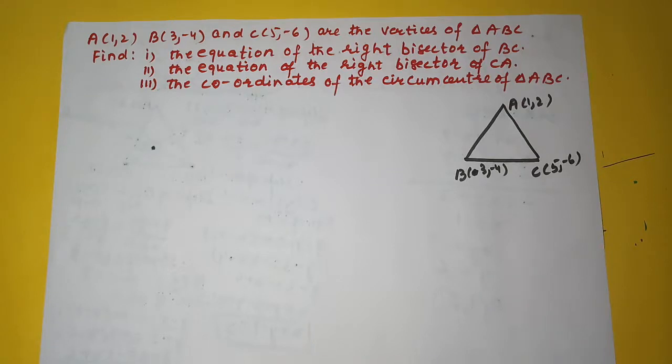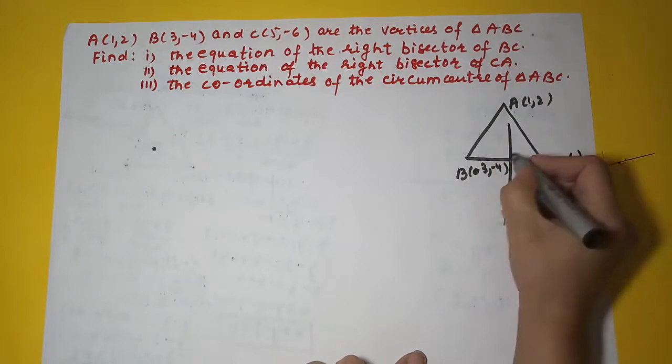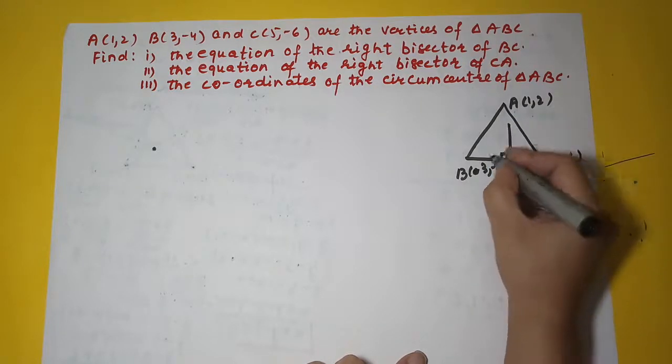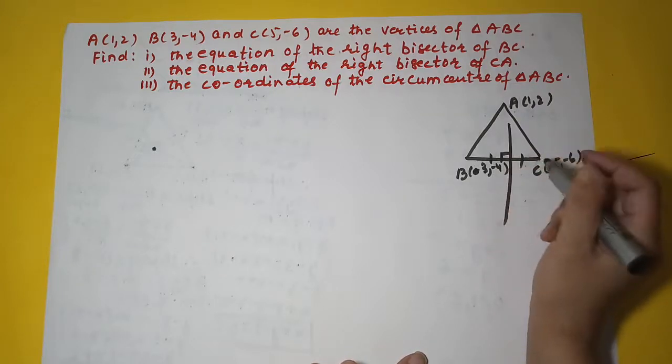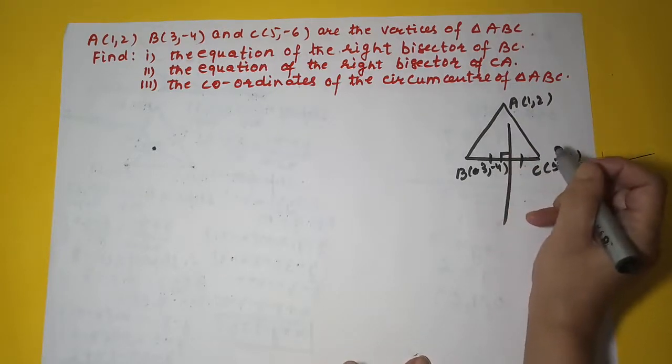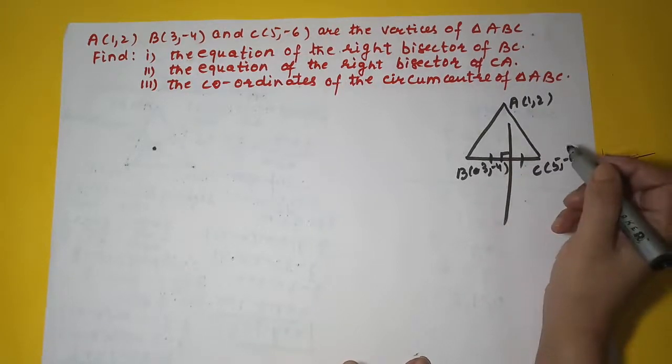So what does that mean? It means that we have to drop a perpendicular to BC, and this perpendicular divides BC into two equal parts. In other words, you have to find the right bisector of the side BC.